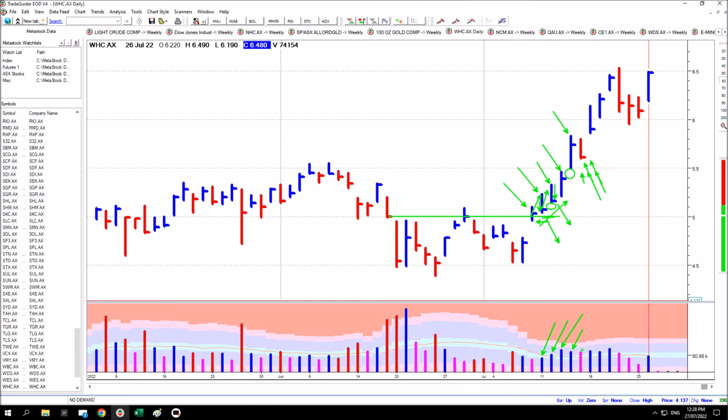Volume is still fairly high. It was reduced, but still fairly high, but the spread is half of the previous spread. So there's lots of buyers in the market, you can see that, and price gaps up in response the next day. That bar looks more like this.